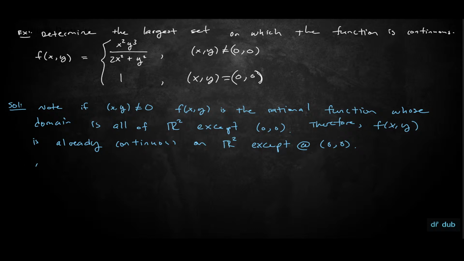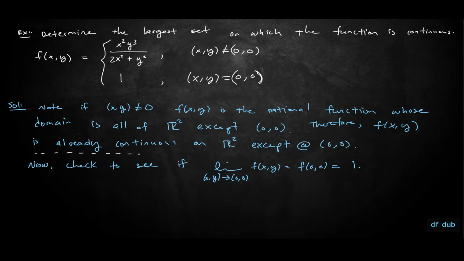So now check to see if the limit as xy goes to 0, 0 of f of xy equals f of 0, 0, which would be 1. So basically we know that we are continuous everywhere except at the origin.